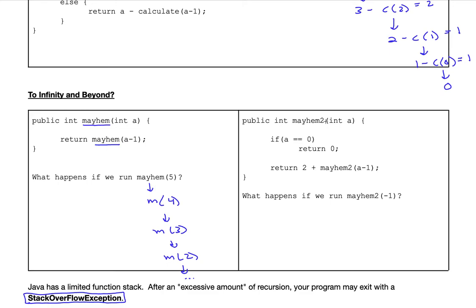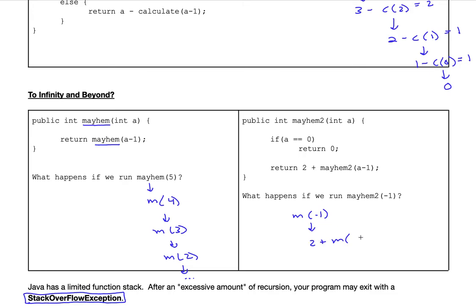So if we look at a version of mayhem that has the base case, we'll see if this has any issues. If we call mayhem 2 with -1, so notice I changed the name of it because it's a different function. Well, it doesn't hit the base case, so it returns 2 plus mayhem of 1 less than the current input.